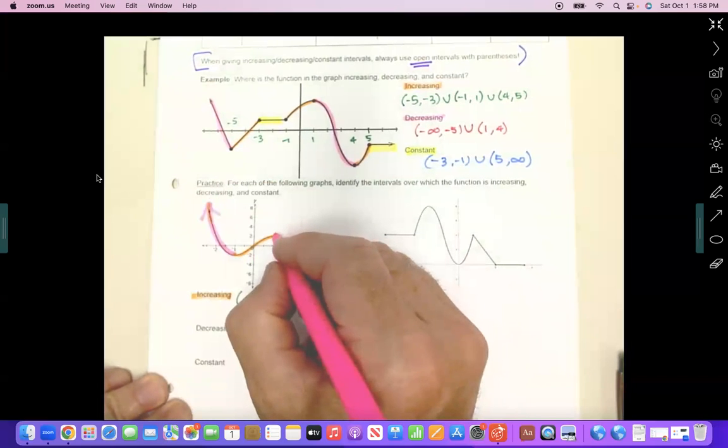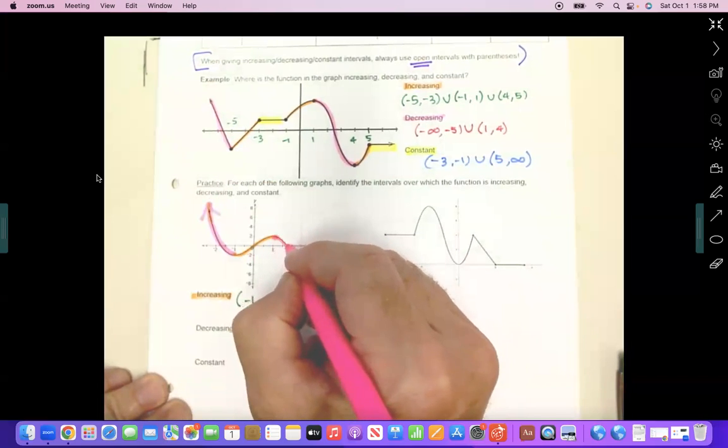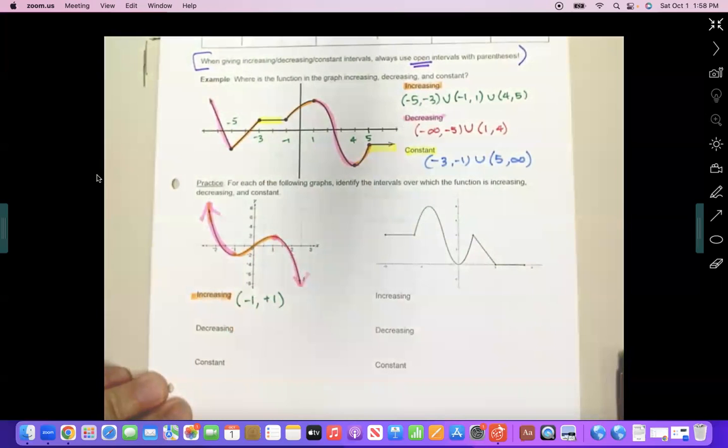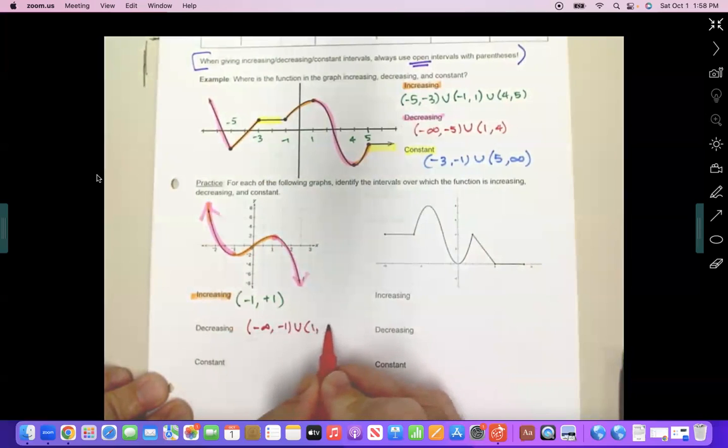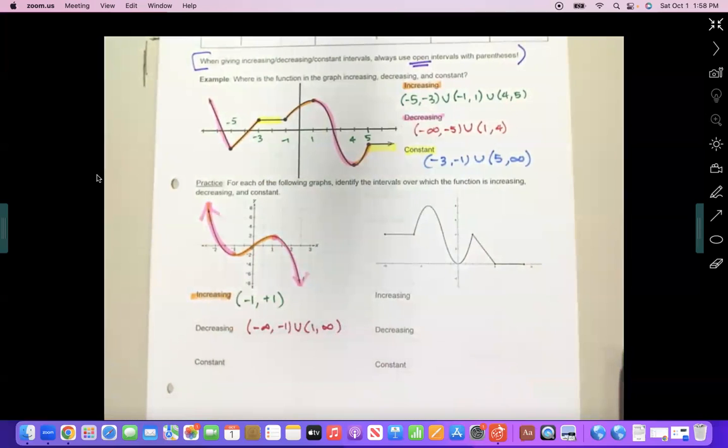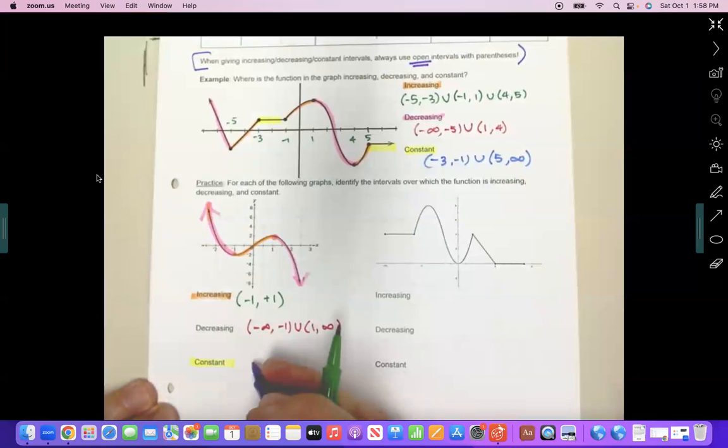It picks up at 1 again and starts decreasing to infinity on the right-hand side. So our decreasing interval starts at -infinity, stops at -1, starts again at 1, and then it always decreases for the remainder of the curve. And in this case, we have no point where the function is constant. This would be a none.